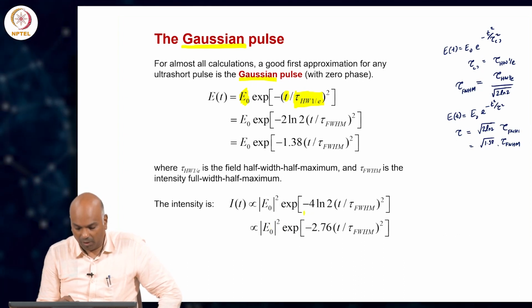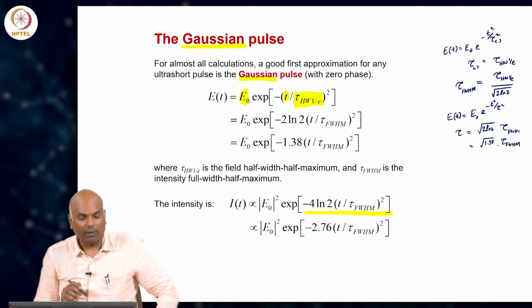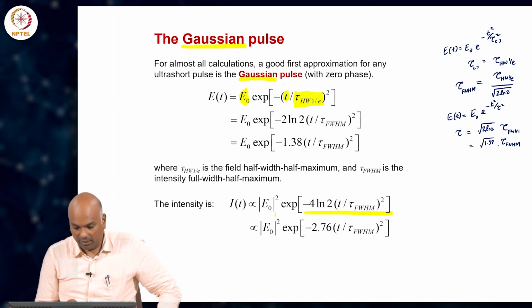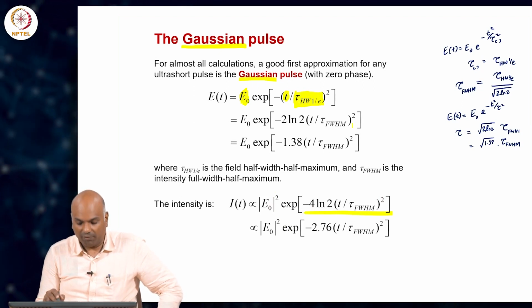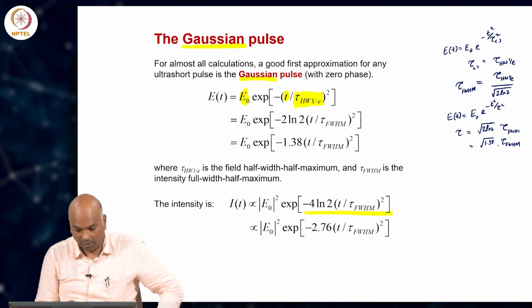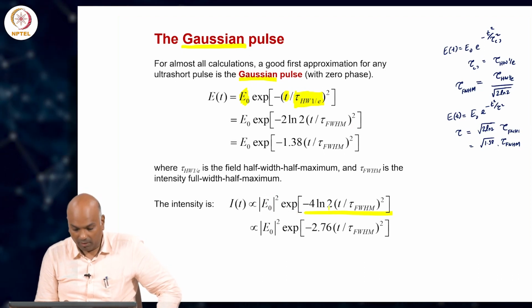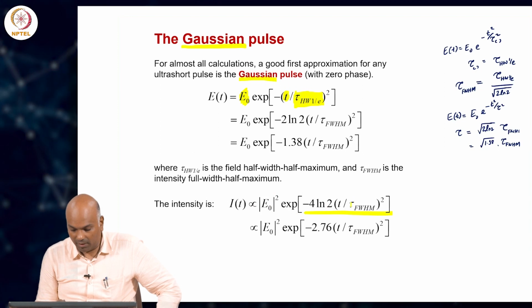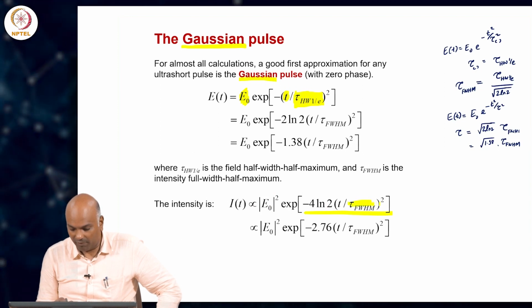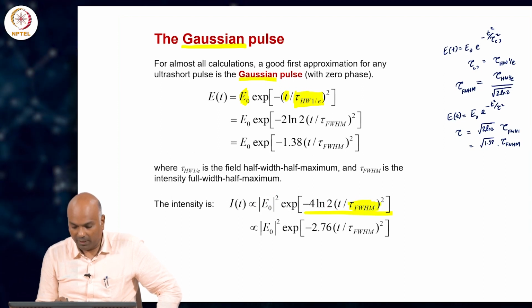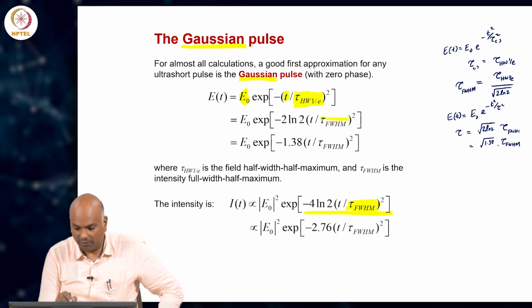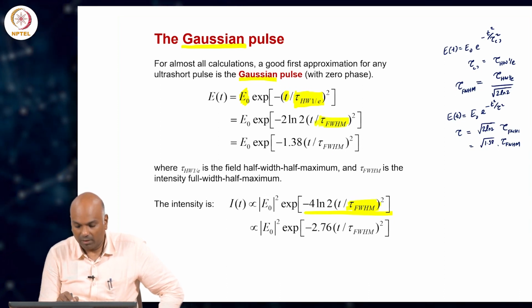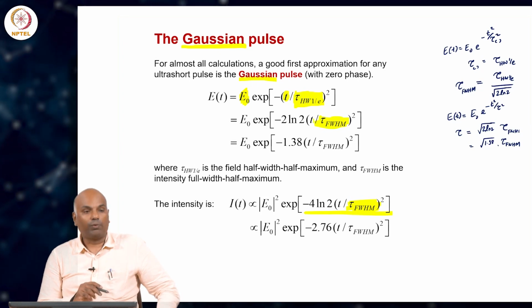It is again Gaussian if I start from the fundamental electric field, but then if I look at the same electric field and convert it to intensity, then the full width at half max, tau FWHM, the width of the Gaussian function in electric field and in intensity are different by a factor of square root of 2.